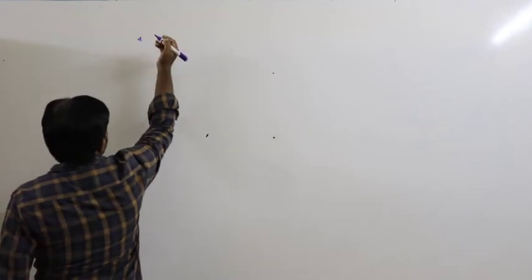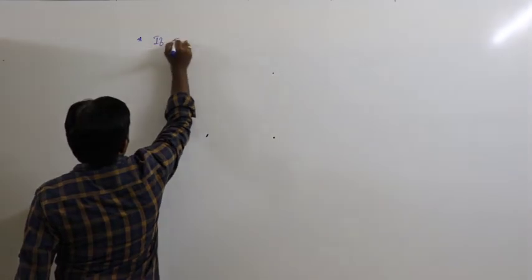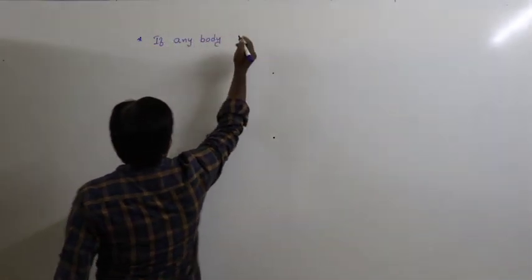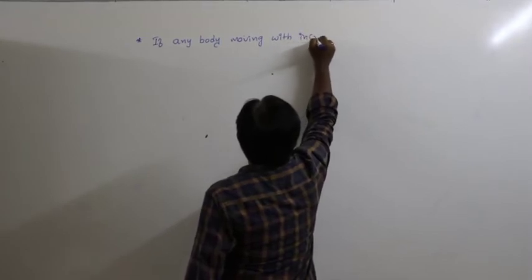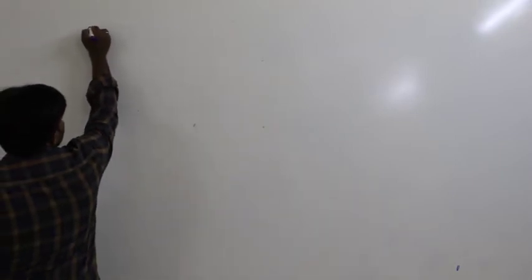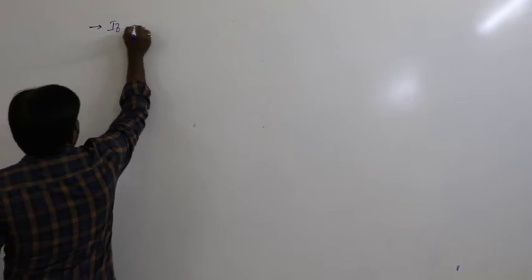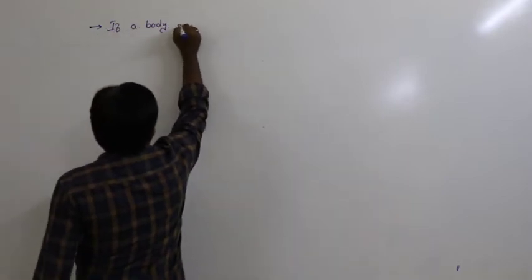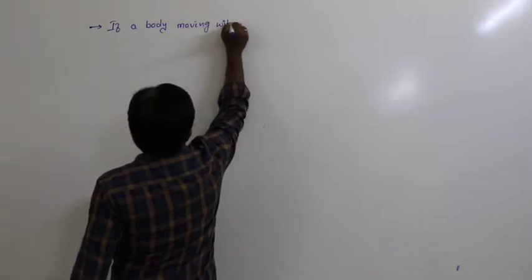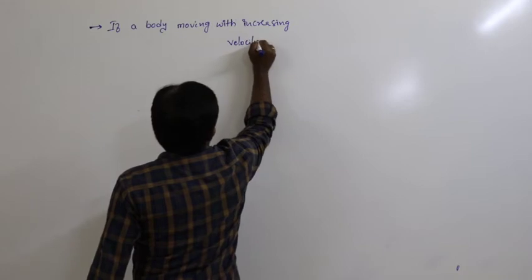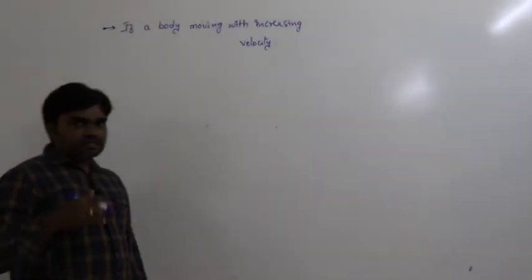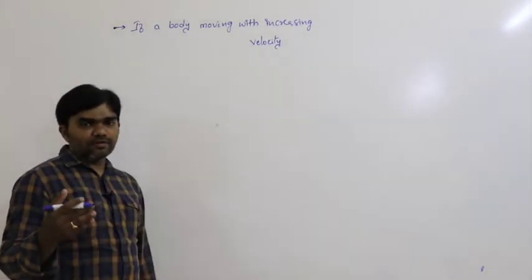So first one, if any body is moving with increasing velocity, so velocity increases, let us say 10 kilometers per hour, 20 kilometers per hour, 30 kilometers per hour, like that.